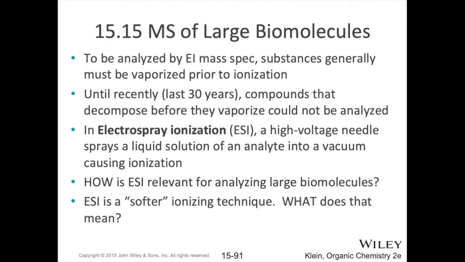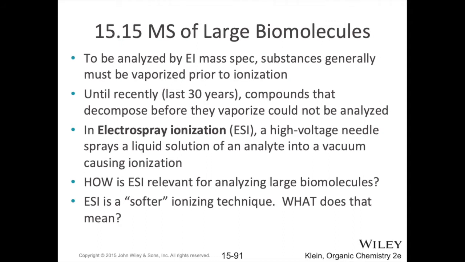Now, another variation of mass spec that you might come across is electrospray ionization, or ESI. I mentioned earlier, when we talked about how mass spec works in general, that we basically fire a beam of high energy electrons at our sample. It flakes off electrons, converts them into radical cations, and this is what makes its way through the detector.